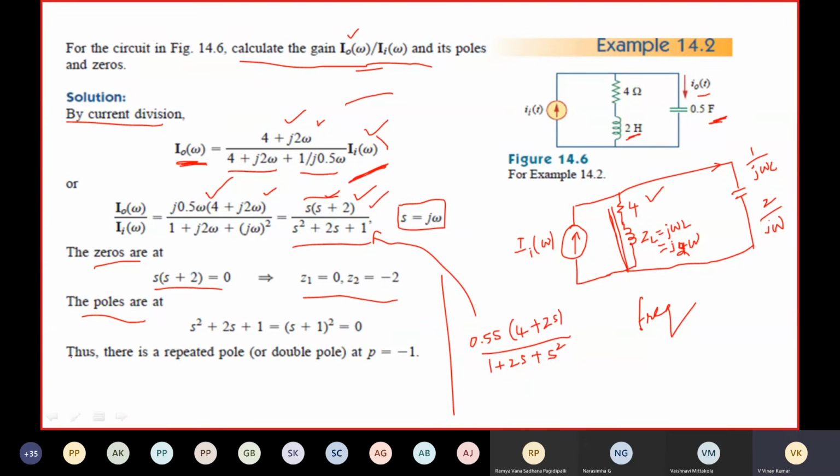So s square plus 2s plus 1 is equal to 0, nothing more than s plus 1 whole square is equal to 0. You are going to have two repeated roots, a double pole, s is equal to minus 1, minus 1.